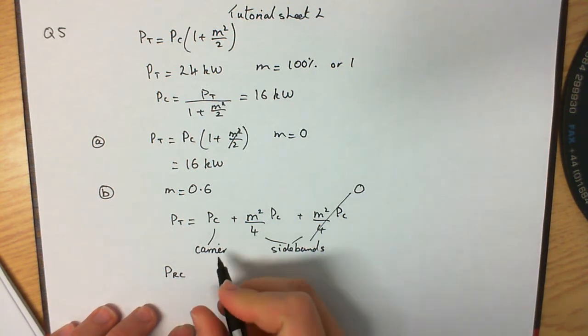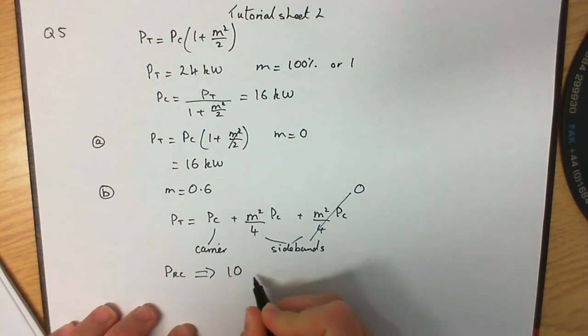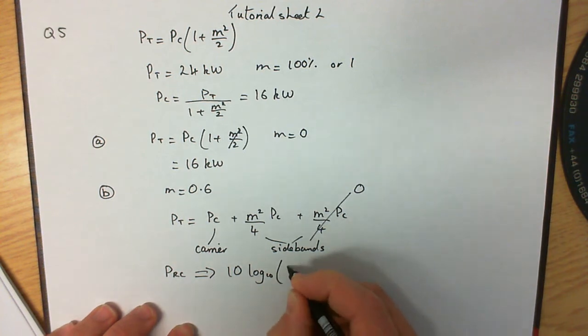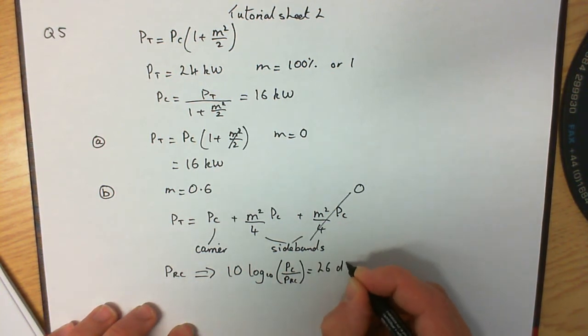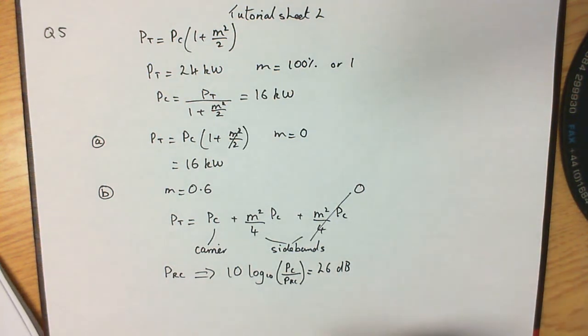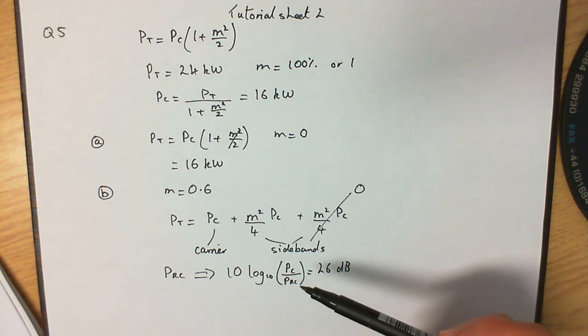Well, what we need to do is rearrange the equation: 10 log base 10 of the power in the carrier over the power in our reduced carrier is equal to 26 dBs, because we want to reduce the value of the carrier power by 26 dBs.